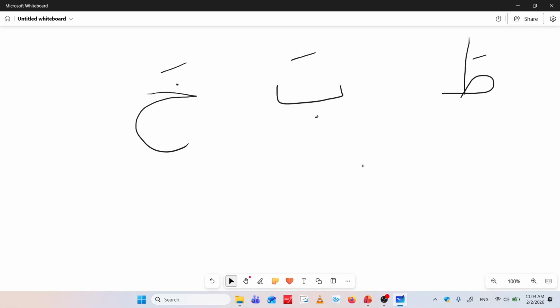So we have this word here. It is the verb, with the fatha. We will look at all of these letters, and all of them are two-way connectors.